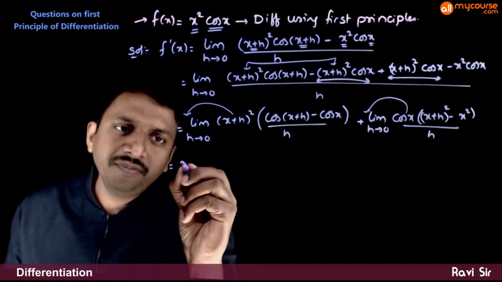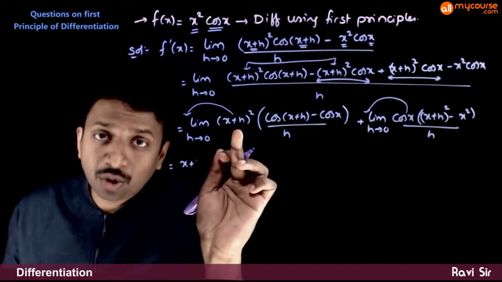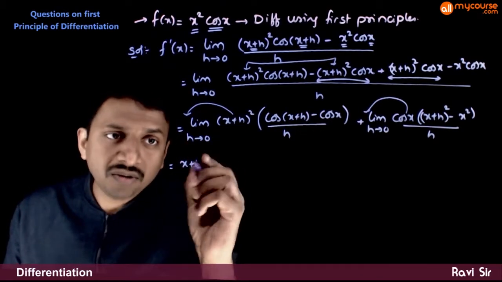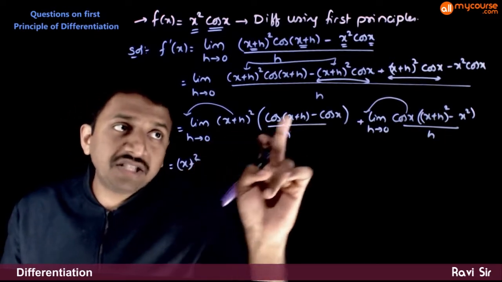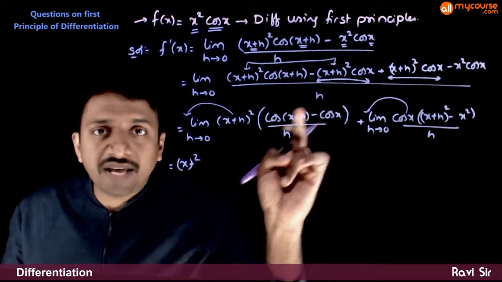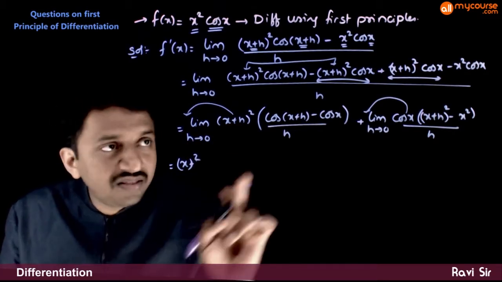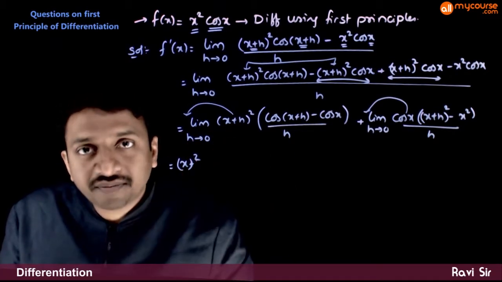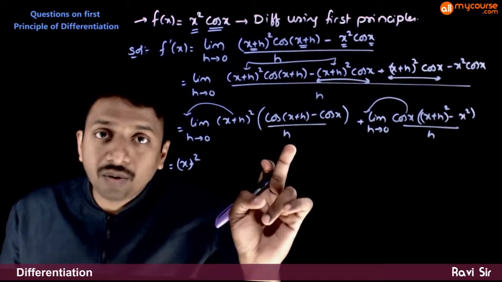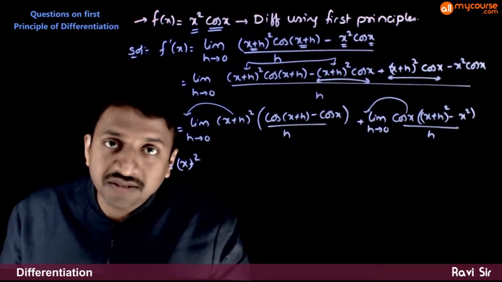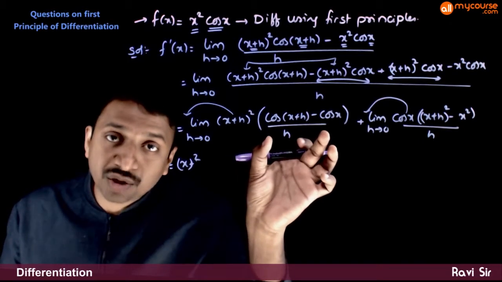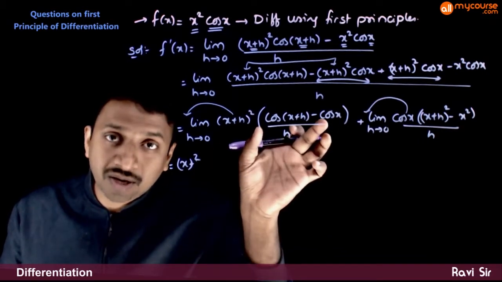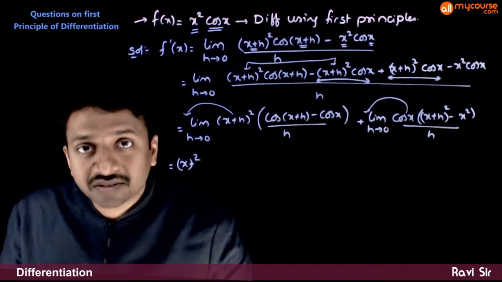So that is equal to (x plus h) whole square. h goes to 0, so this directly becomes x square. And limit h tends to 0, cos (x plus h) minus cos x by h. This looks like the differentiation of cos x, right? So similarly, as we have done the differentiation of sin x, you can also do the differentiation of cos x.